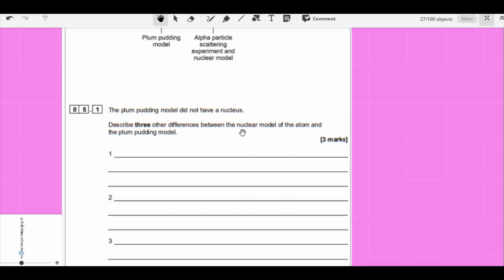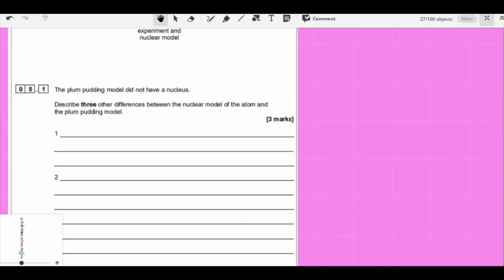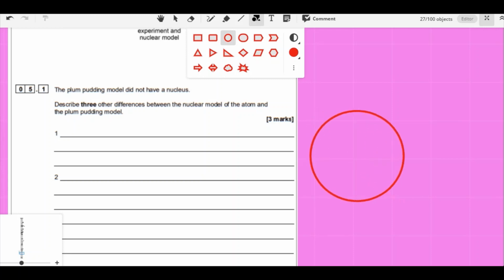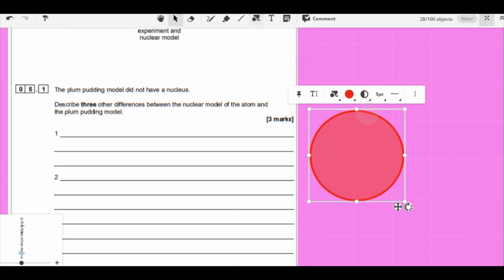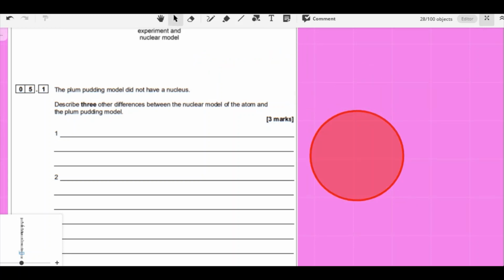Describe 3 other differences between the nuclear model of the atom and the plum pudding model. The plum pudding model has no nucleus, and contains positive, negative, positive, negative charges throughout.